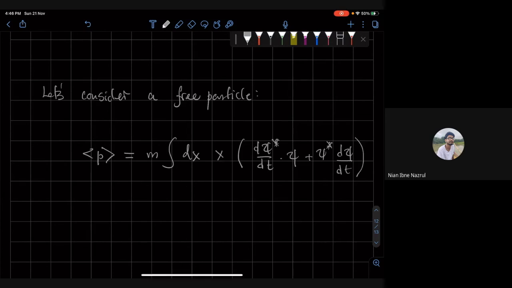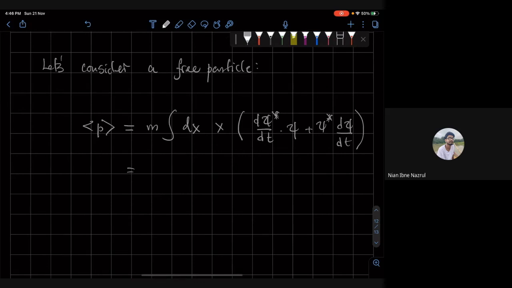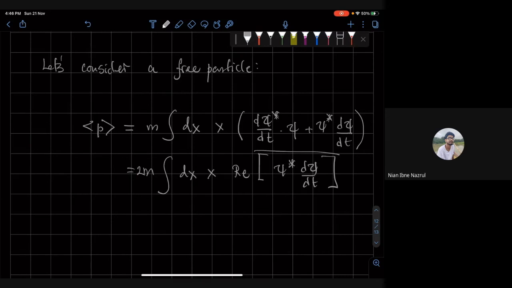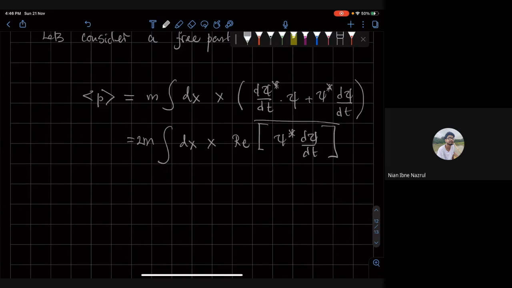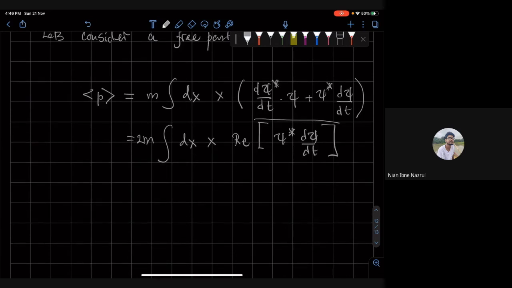Okay, so this means that d<x>/dt is this thing, 2 times the real part of psi star d psi/dt. And I think this should be generalizable to also the one with the V, but let's just go with this.